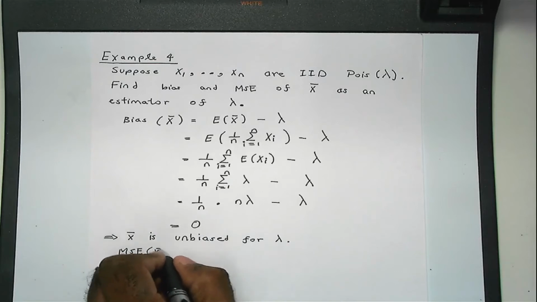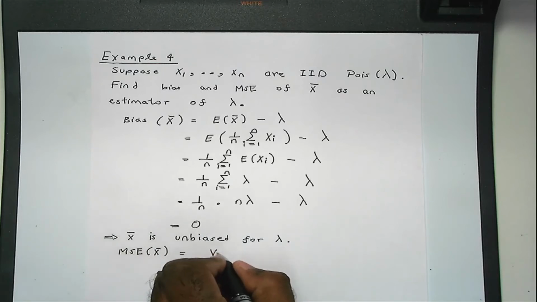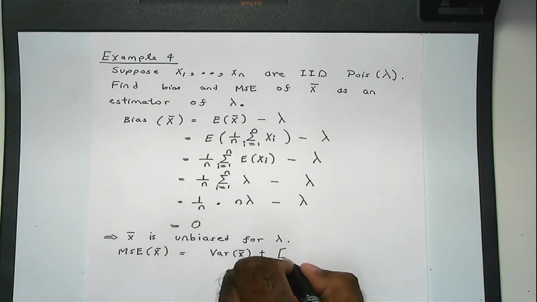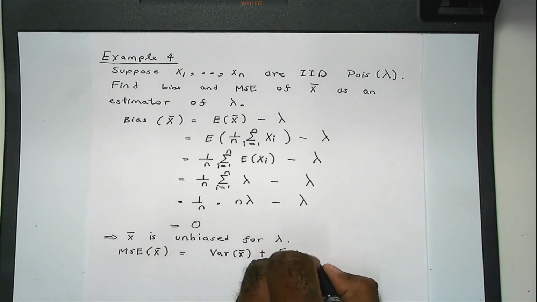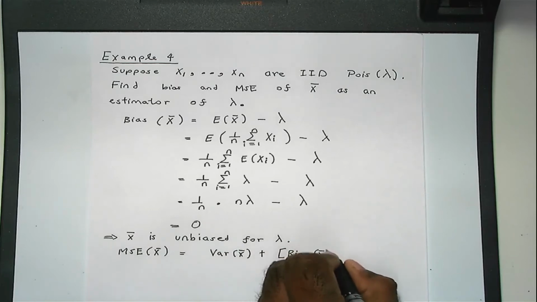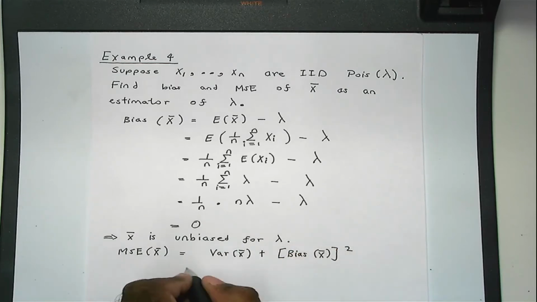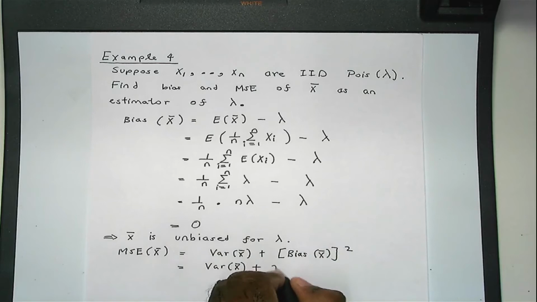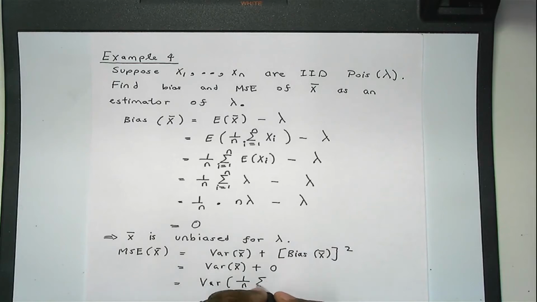I'm going to use property 1, which says this. So this is 0, so this becomes the variance of x bar plus 0, which is the variance of this.